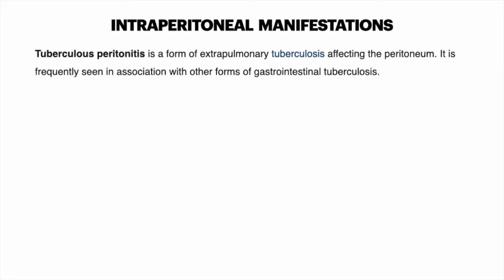Intraperitoneal manifestations. Tuberculous peritonitis is a form of extrapulmonary tuberculosis affecting the peritoneum. It is frequently seen in association with other forms of gastrointestinal tuberculosis.